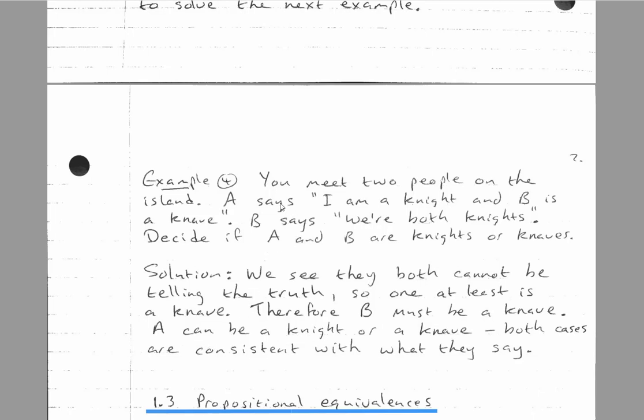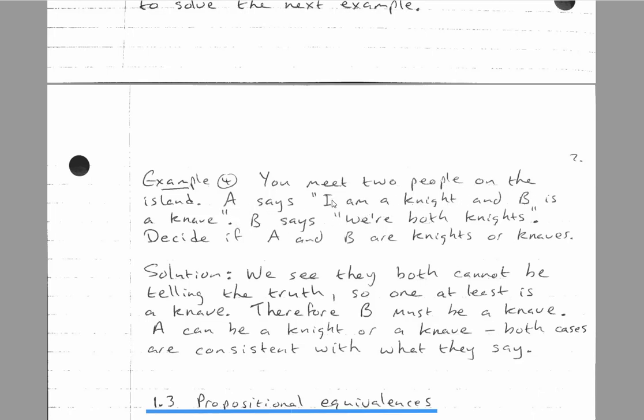We don't have enough information to pin down if A is a knight or a knave. A could be a knight, so this could be a true statement. Or A could also be a knave. That also makes sense here.